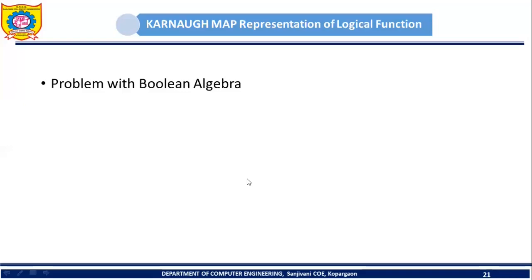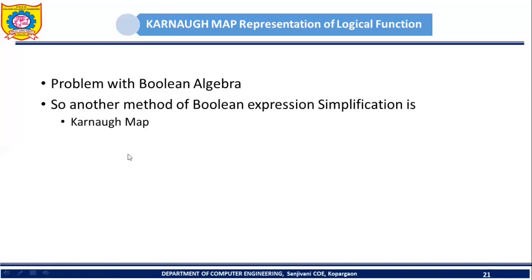In POS form, a number of sum terms are present. If the number of product terms or sum terms present in the function goes on increasing, then using Boolean algebra to simplify such an expression becomes tedious. So we need another method for simplification of logical expressions, and the name of that method is Karnaugh map. In short, it is called K-map.